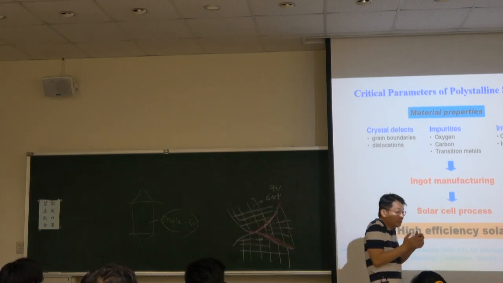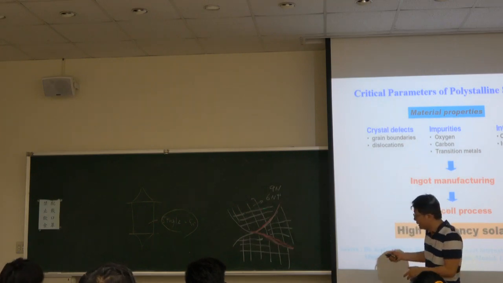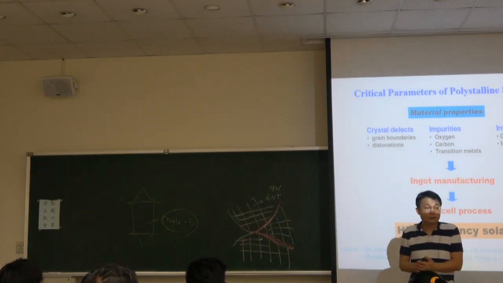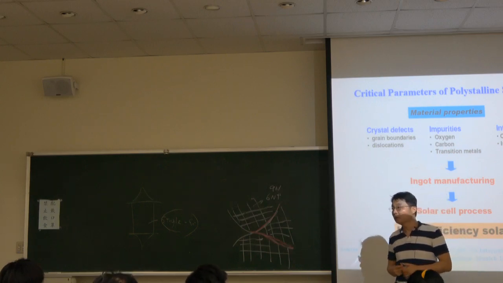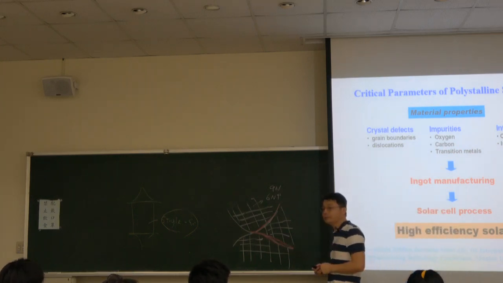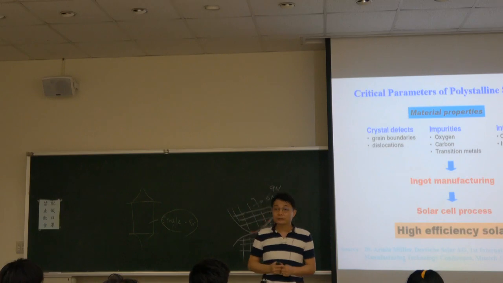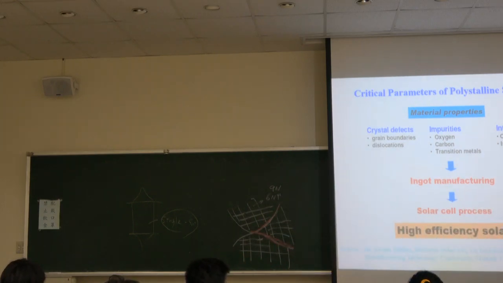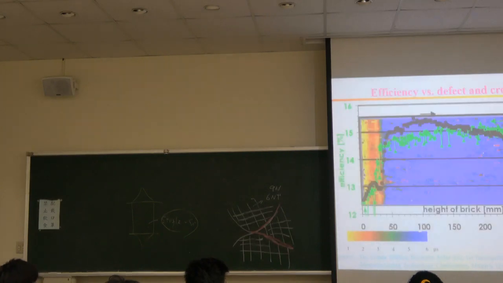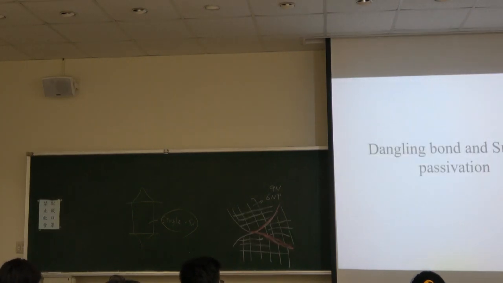But if we can minimize the impurity of the polycrystal, maybe we can reduce the gap in conversion efficiency with the single crystal, maybe to just 2% less. Okay, understand what I mean? So this is how we can reduce the cost.